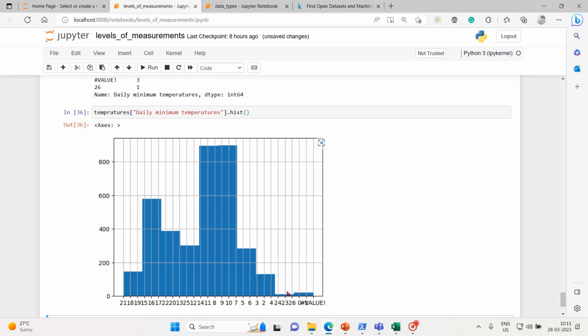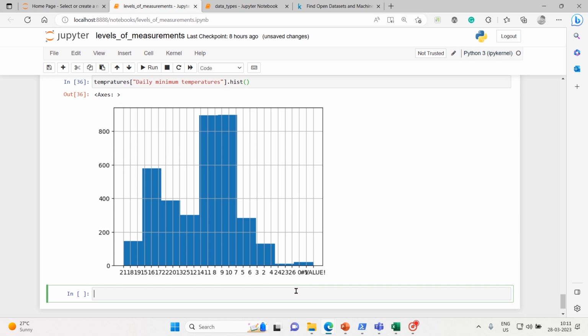If you see 23, 26 degrees Celsius, again it's very few, and 21, 18, 19, 16 are also very few. So 8, 9, 10, 7, these are widely recorded. This is our frequency distribution that you can see here. You have the temperatures on the left side, you have your frequency. So now let's look into the measure of central tendency.